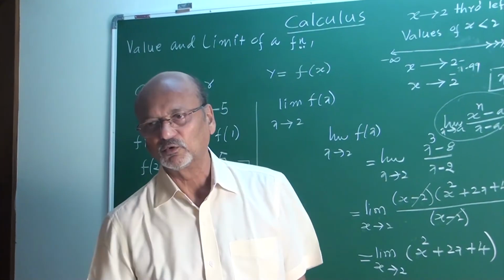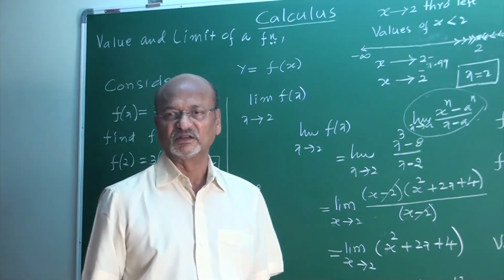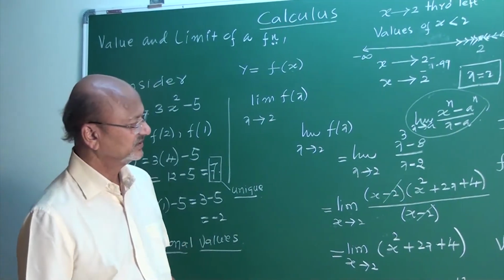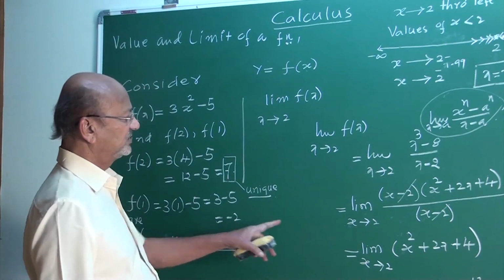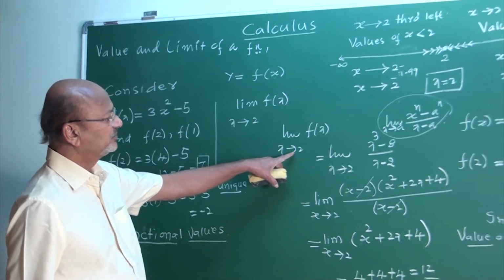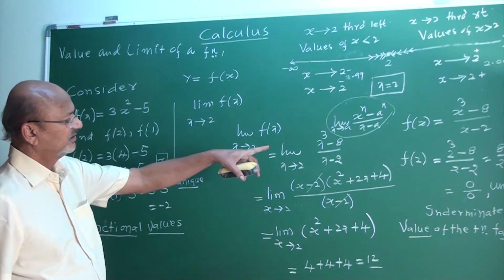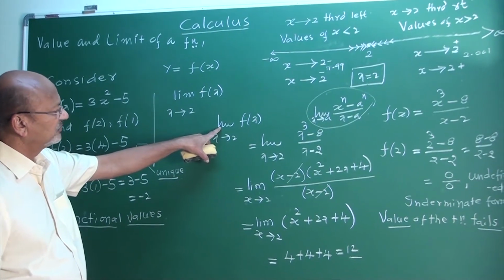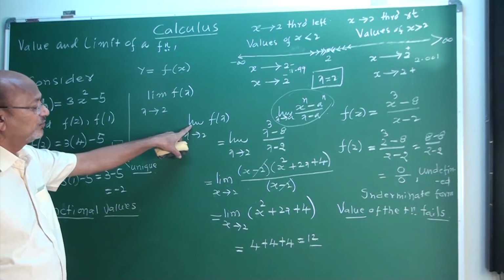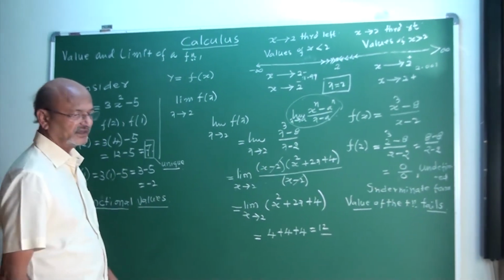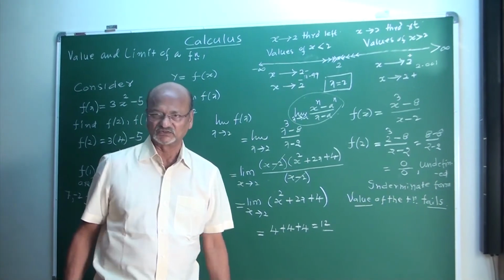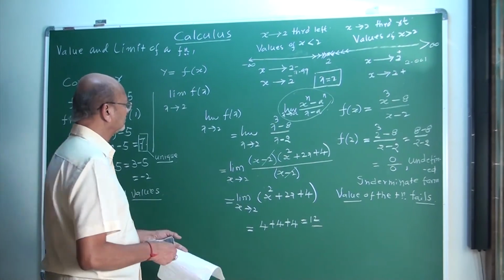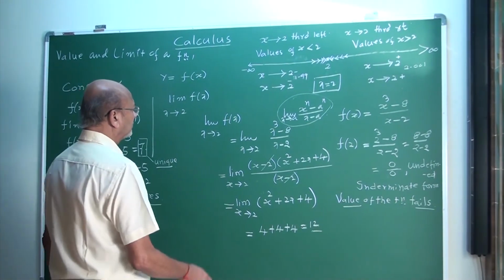I hope it is clear. This is how, in this chapter on limits, when the value fails, mathematicians introduced the limit of the function, and when the value fails, the limit of the function exists. Then how to write the limit of the function?